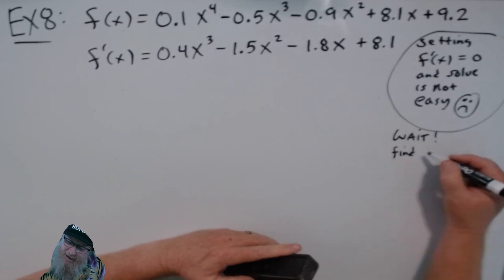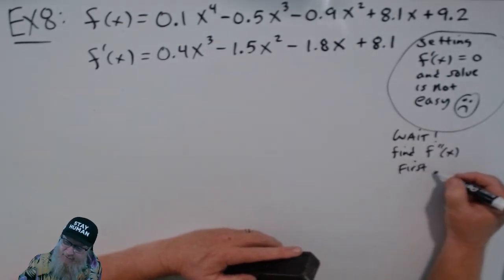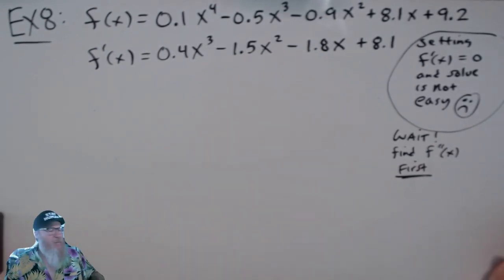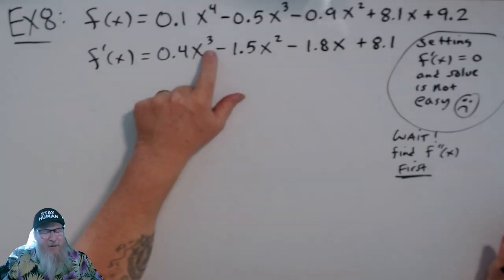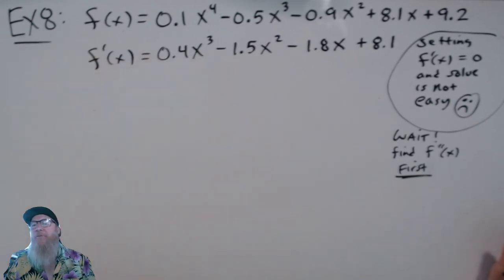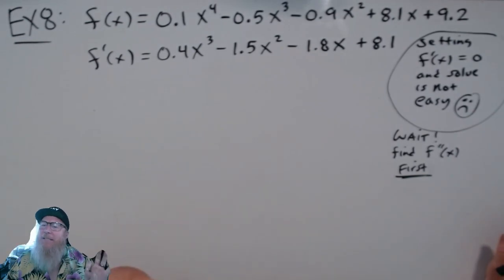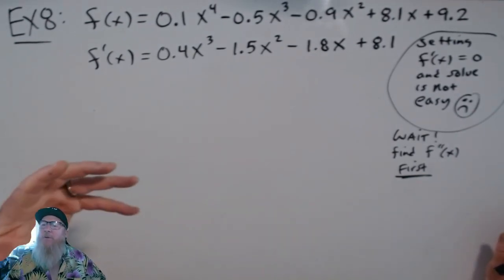So we're going to find f double prime first. Very important. I think I give you this hint in the homework to go ahead and wait on that. One of the reasons is any polynomial larger than second degree, so in particular third, fourth, fifth, solving for x is not very easy. It's not impossible, but it's not very easy. So we just wait, and we'll come back to it later.